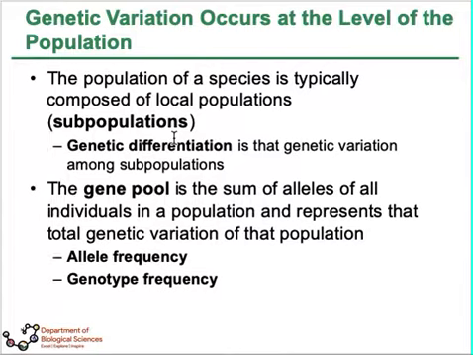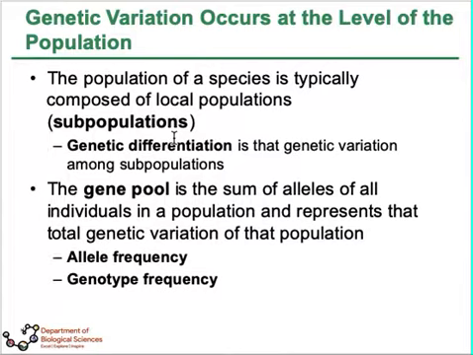We have also the term gene pool, which is the sum of the alleles of individuals in a population. So pag sinabi mong gene pool, it is the collection of different genes within an interbreeding population. Lahat ng gene variations or genetic variations na nag-exist within the population, that is actually the gene pool.